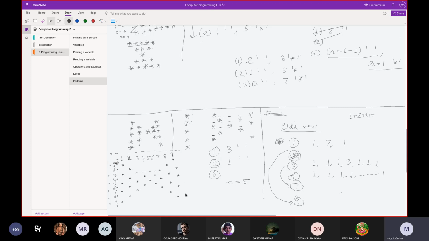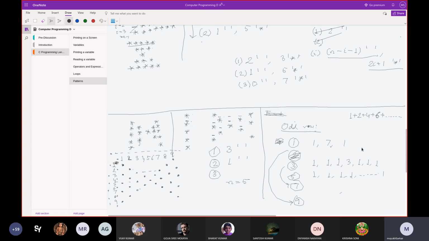Spaces would be there, because there will be 2 more rows on these sides. So our guess is correct. So it will be 6, right? So the number of spaces increases in this fashion. Is it clear to you till now? Yes, sir. Okay.